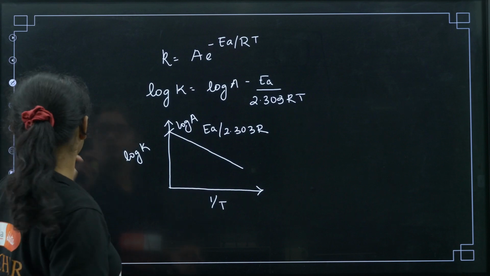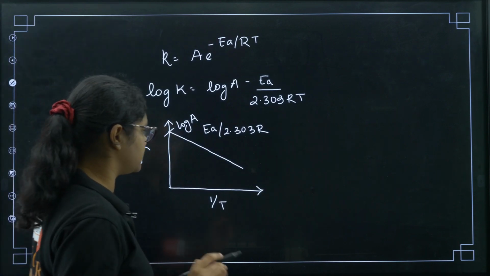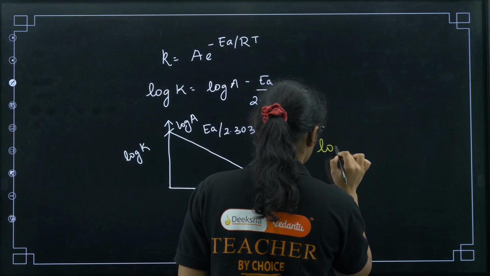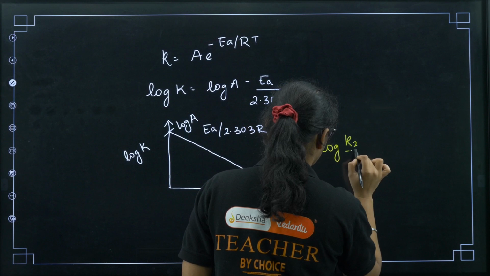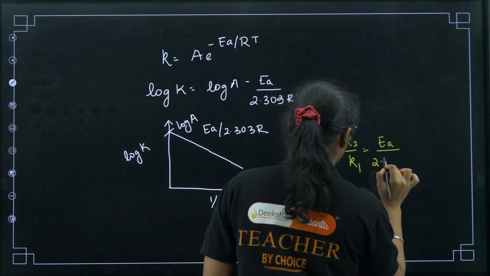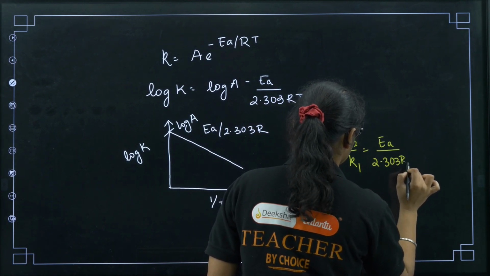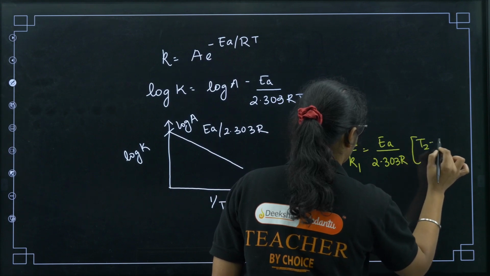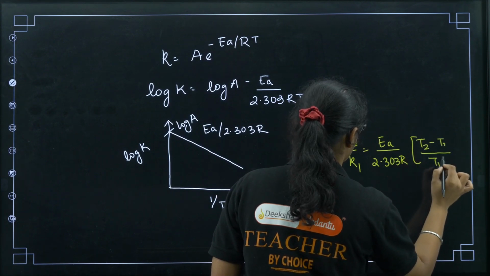Now if you are doing for two different temperatures, then the formula changes, and this is a very important formula. Log of K2 by K1 is equal to EA by 2.303 R, into T2 minus T1 divided by T1 T2.